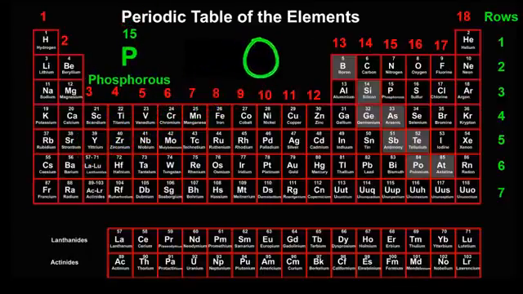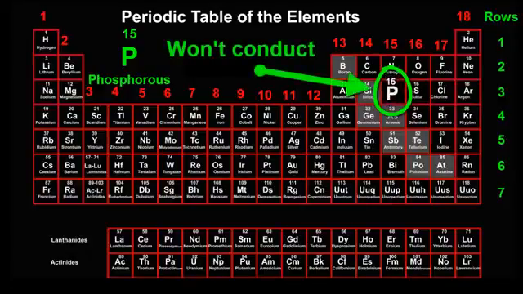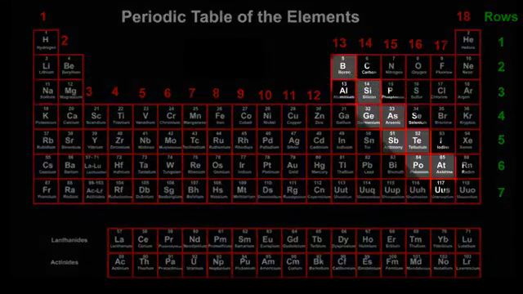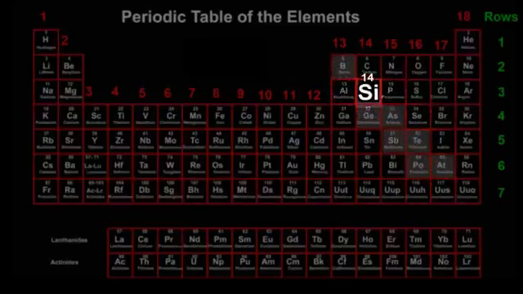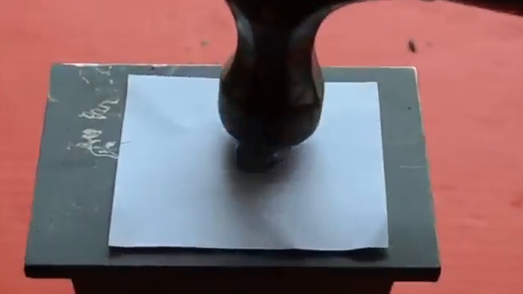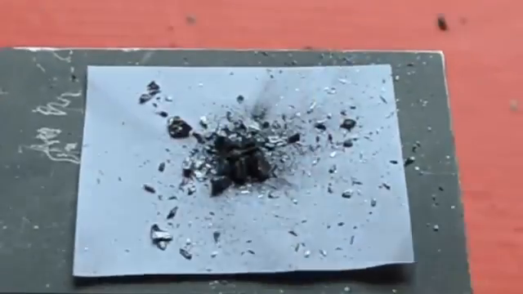Would phosphorus, atomic number 15, conduct electricity? It's to the right of the diagonal, so it's a non-metal. Probably not. What about the elements inside the diagonal band? Let's take a look at silicon. It looks shiny like a metal, but if you whack it with a hammer, it breaks into bits.